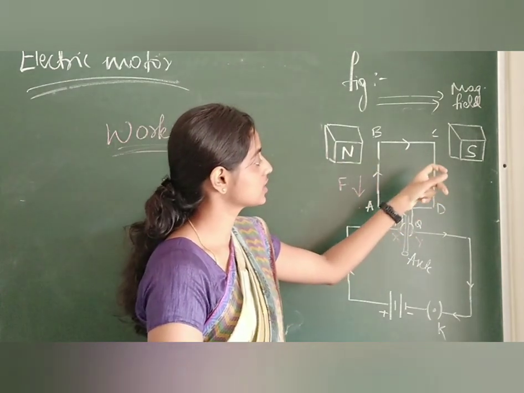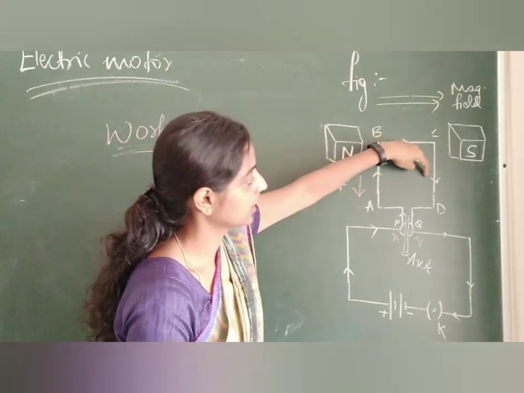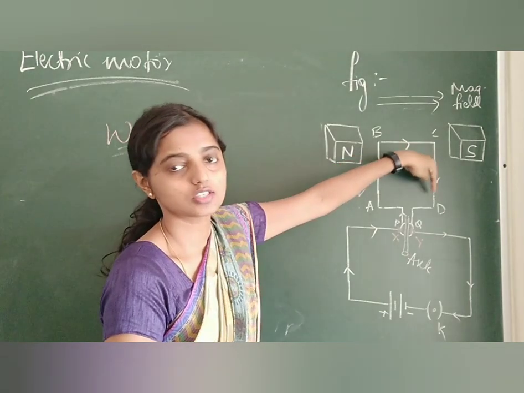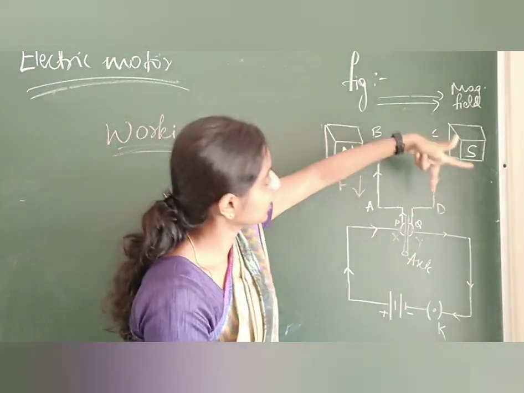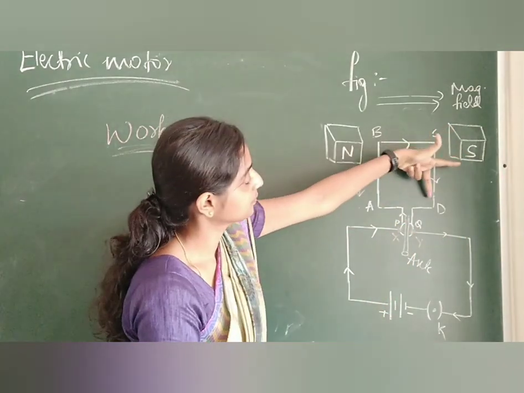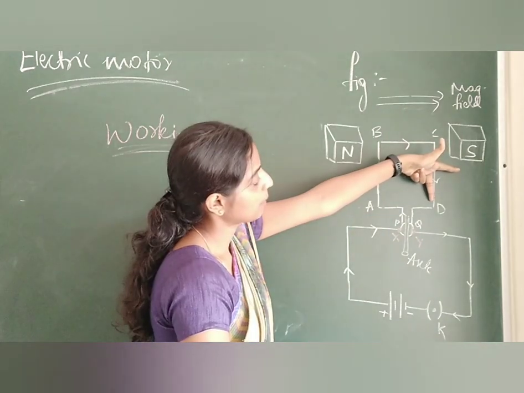Now what happens to this side? So this side, here observe, the direction of current is different. This is downwards. So our middle finger should come like this. Now observe this thumb. The thumb is now showing upwards. So what happens here?